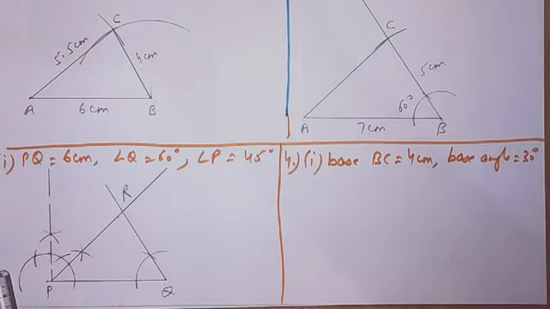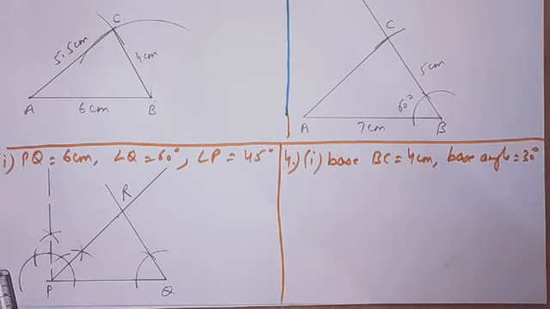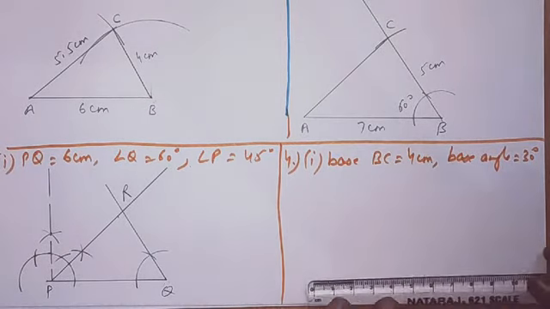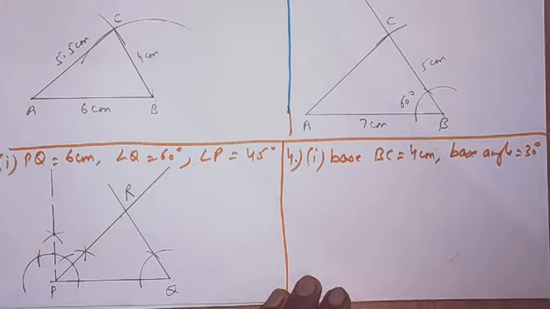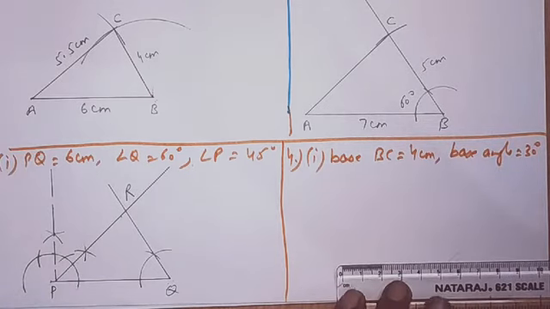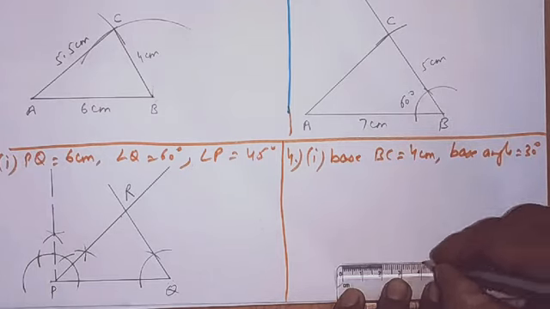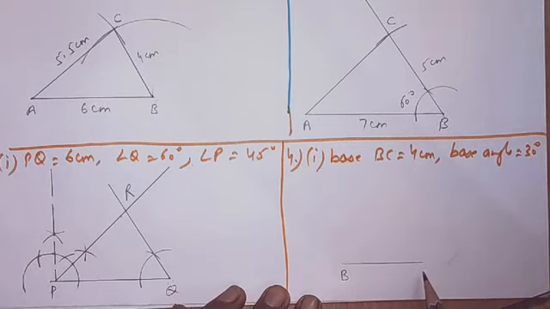Beta, just we have done exercise 15b and we know that in an isosceles triangle base angles are equal. So first I will draw the base BC 4 centimeter. Okay, this is my BC, 4 centimeter.